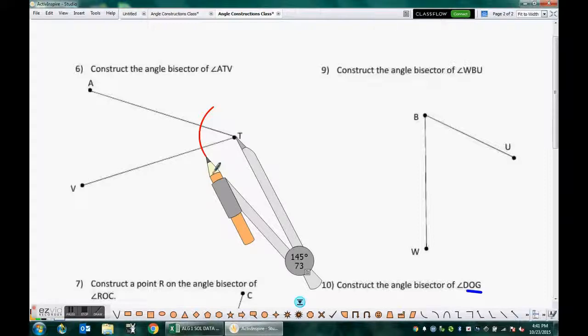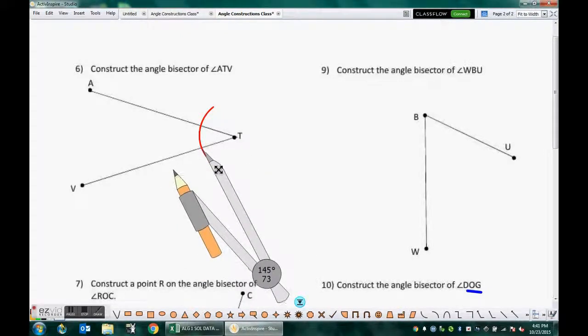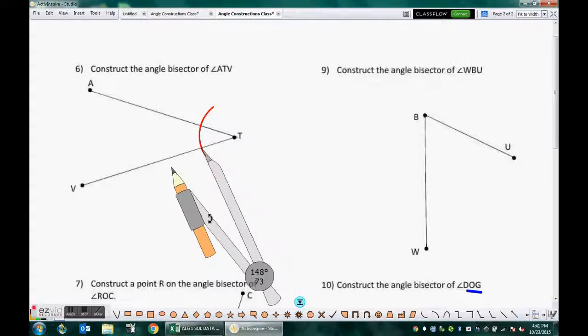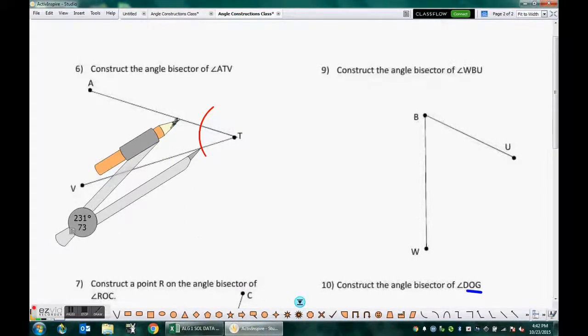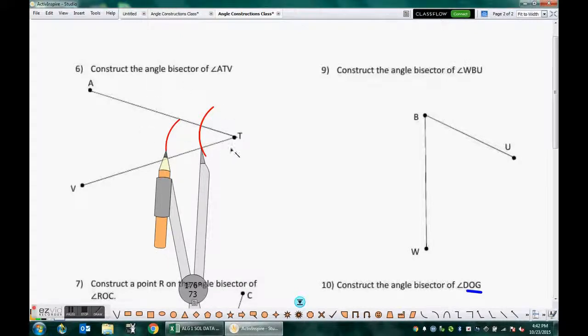Now, I'm kind of lazy, so I don't like to change my compass setting a lot unless I need to. So what I'm going to do is I'm just going to pick up and put my sharp point on that bottom intersection, and I'm going to swing through the middle here. Okay, because remember, an angle bisector is going to be going through the middle of this angle here.